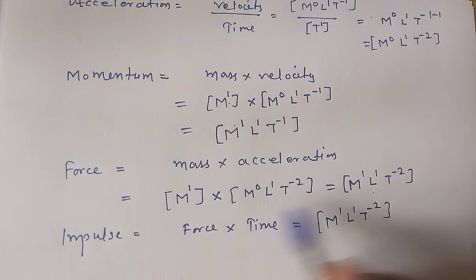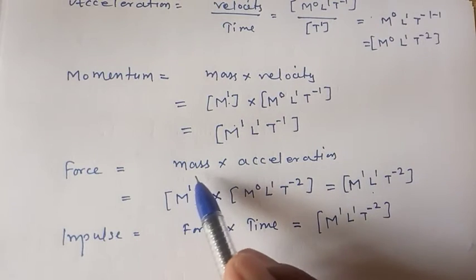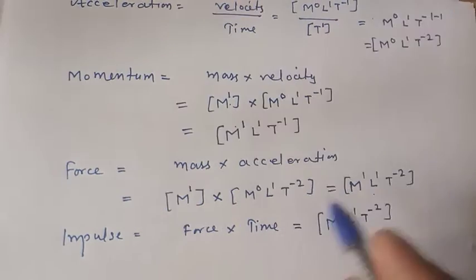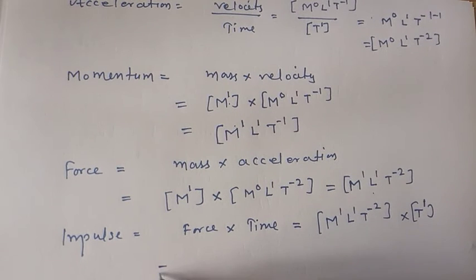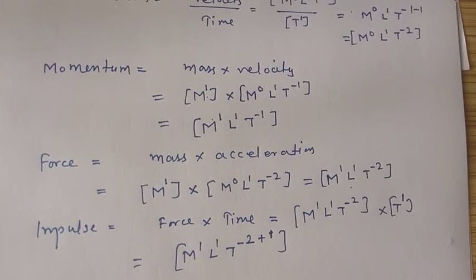You can directly put the formula here, or you can derive it from mass into acceleration. Time is T power 1. So M power 1, L power 1, T power minus 2 into T power 1.